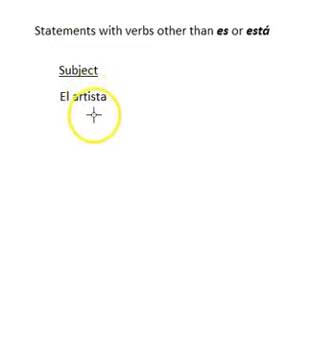That's kind of an odd word because it ends with an A, but yet you're using the masculine article el. So it's just one of those irregular situations. El artista. Anyway, that's our subject. And let's say we're going to use some other verb besides es or está, and say the artist paints.